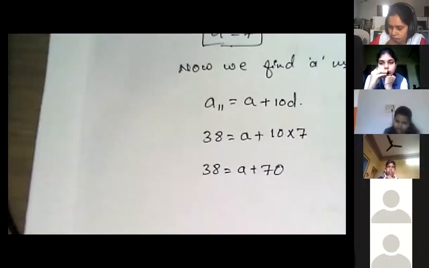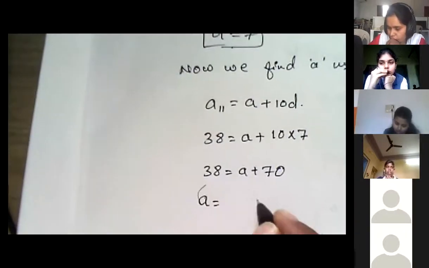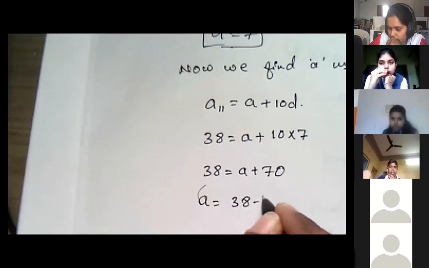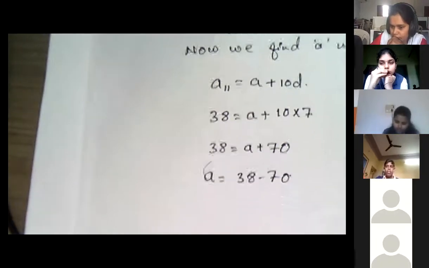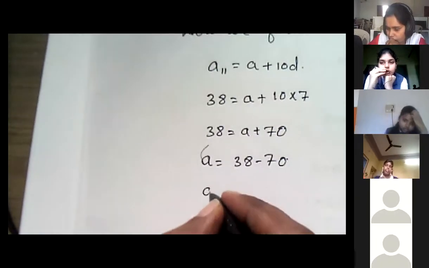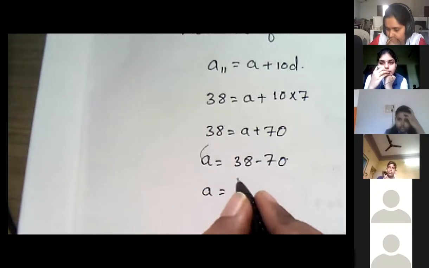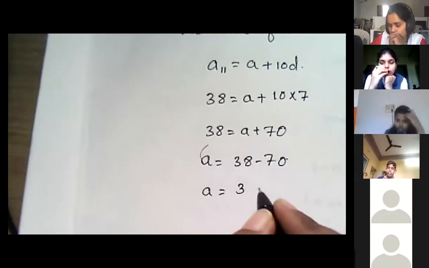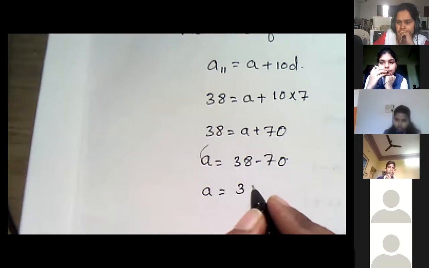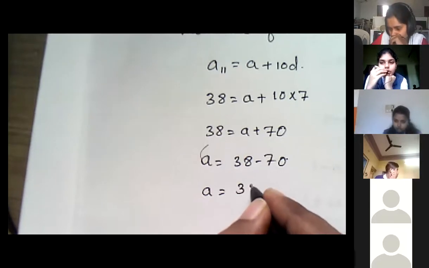A equals 38 minus 70. A equals minus 32. Is it 32 or 33? 32. A equals minus 32.